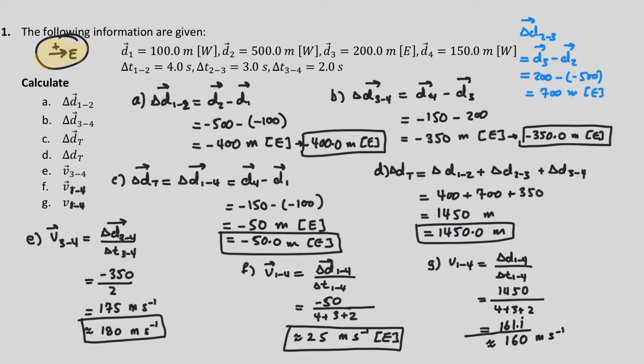Notice that my final answer does not have a direction this time, and that's just because I'm talking about the speed, and speed doesn't take into account, or average speed, sorry, I should use the proper terminology, and average speed doesn't take into account direction.